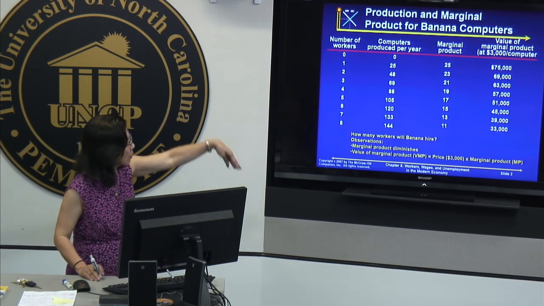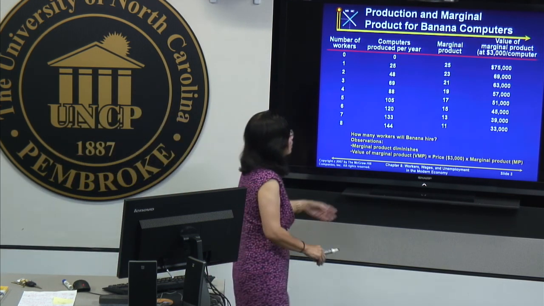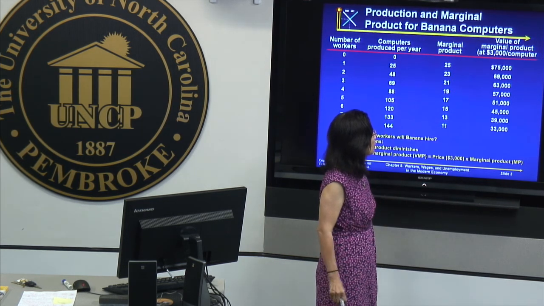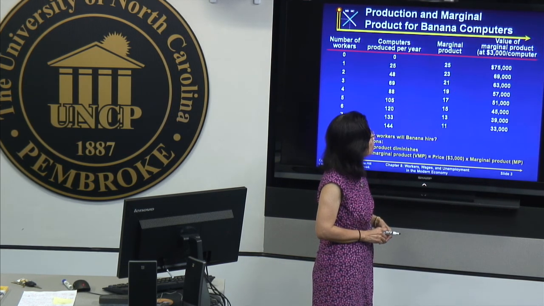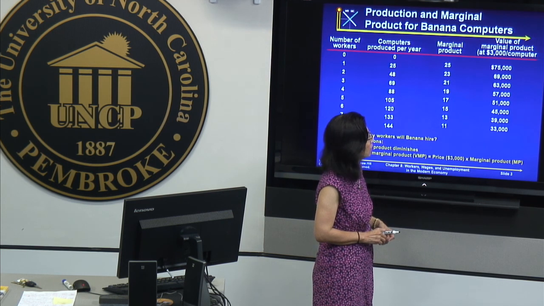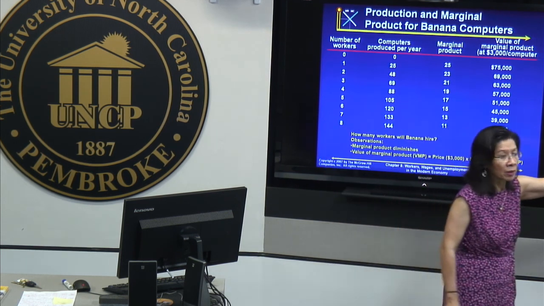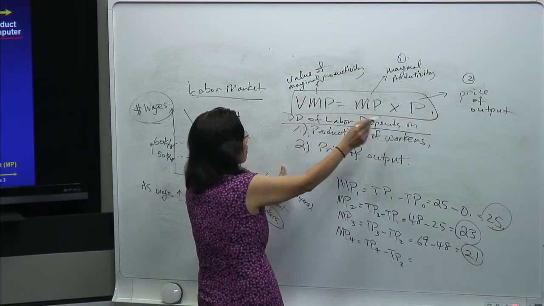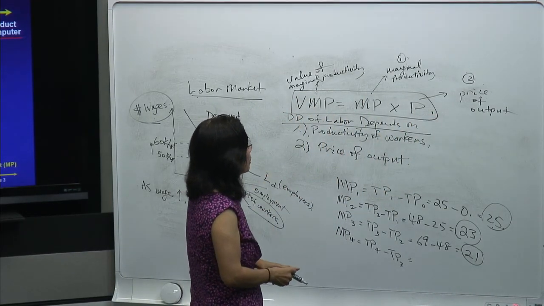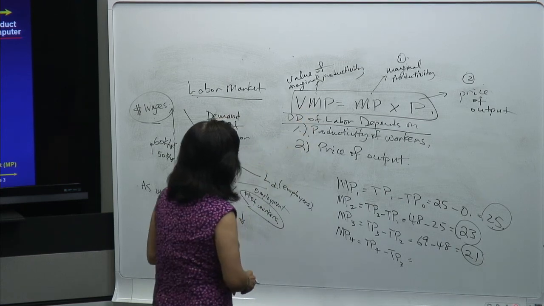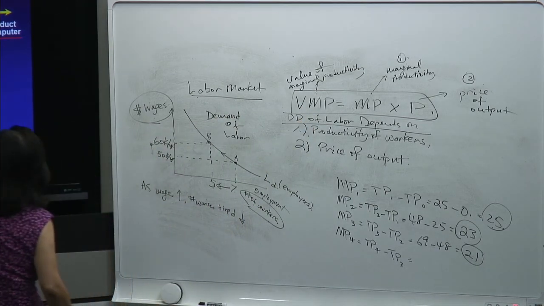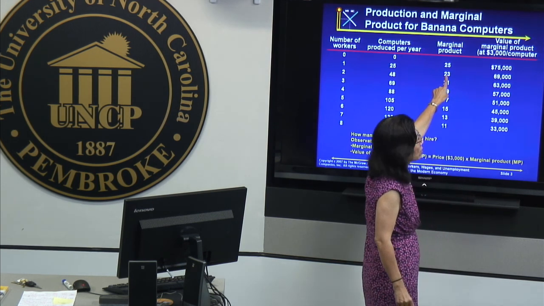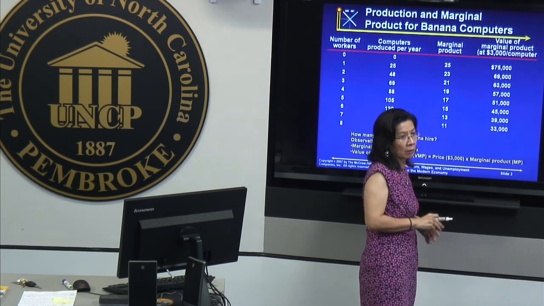So now the last column there, the VMP, the so-called value of the marginal productivity, is calculated by taking this equation, which I wrote down earlier. VMP equals MP times P. So the value of the marginal productivity is the marginal productivity of each level times the price of the output.